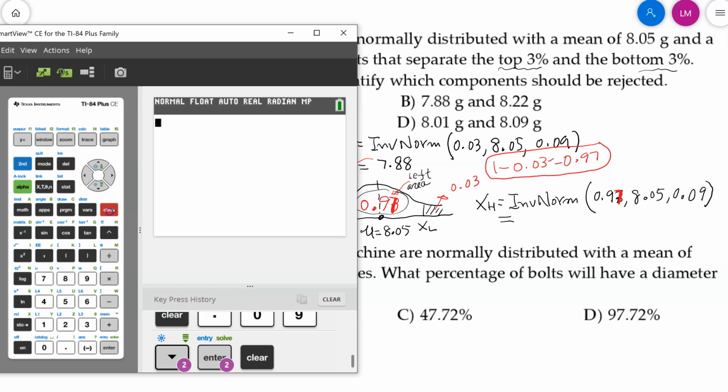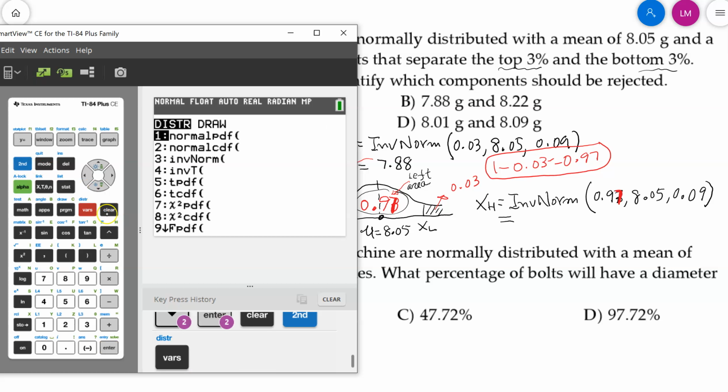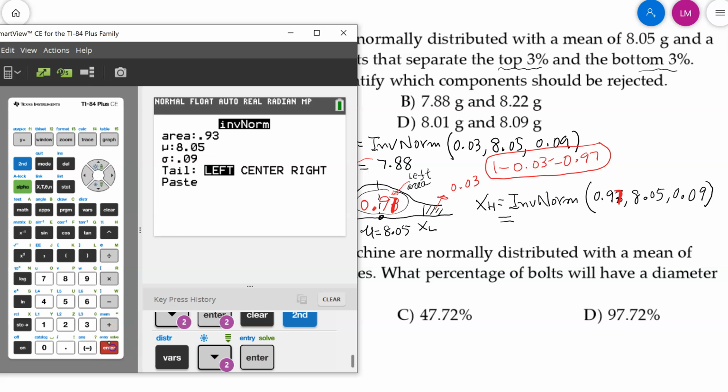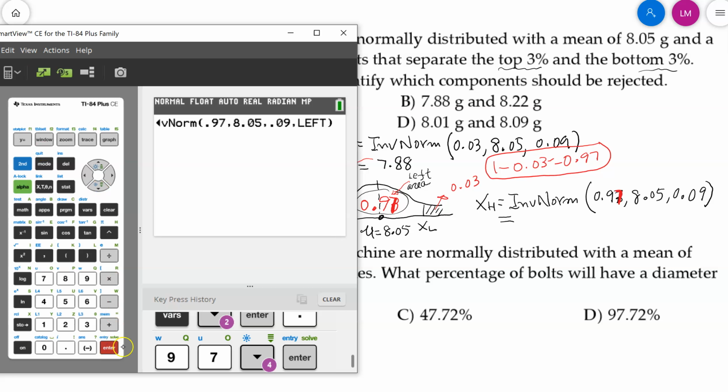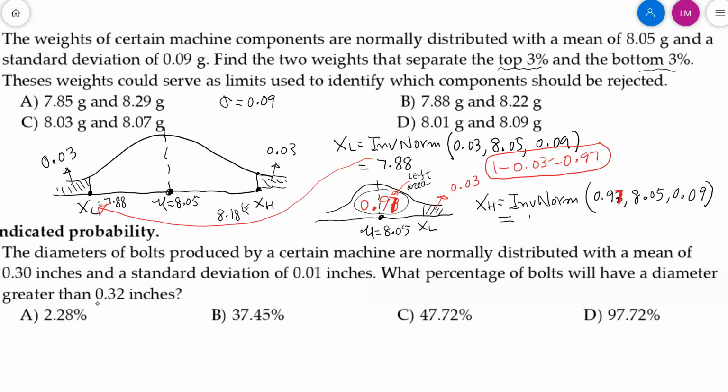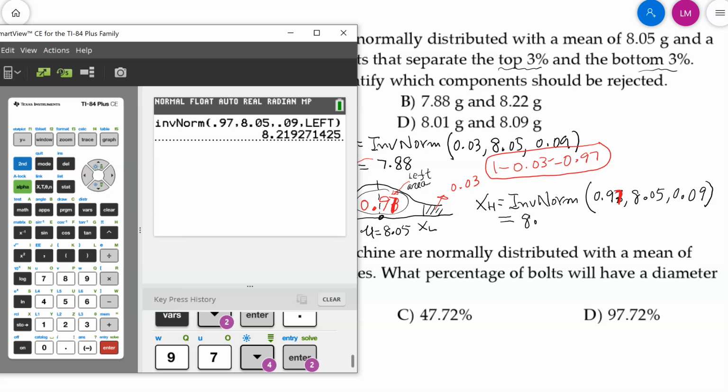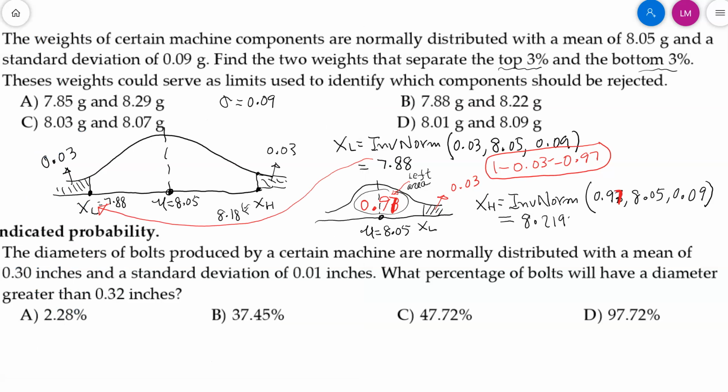Clear. Second, bars, go to number 3. 0.97, that was a mistake. 0.97, 8.05, 0.09, left, paste, hit. I get 8.2192.